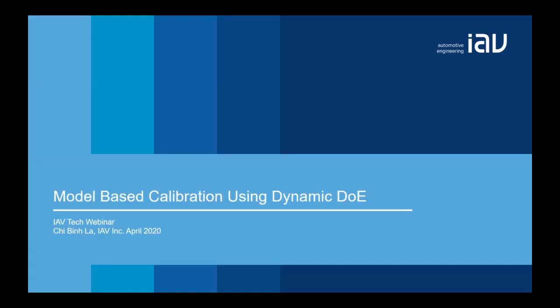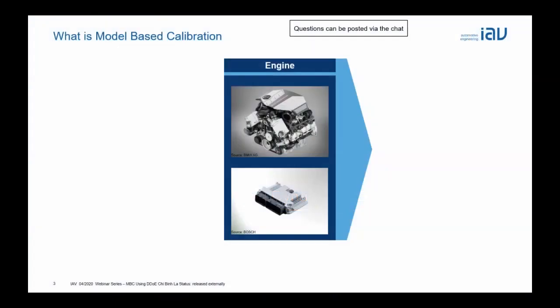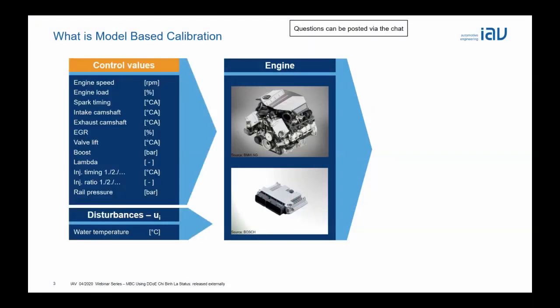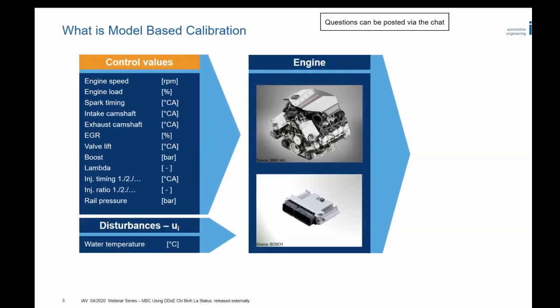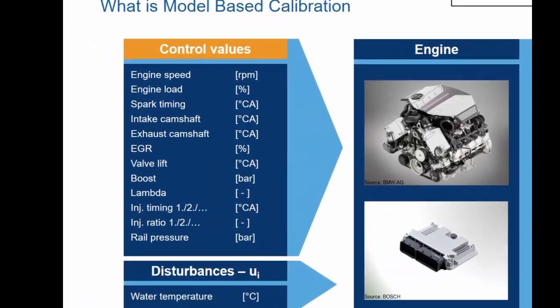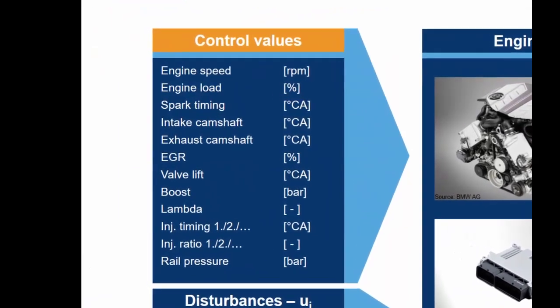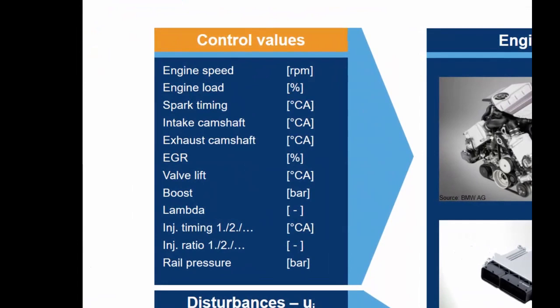Now that you know a little more about IAV overall, let's return to the discussion on model-based calibration using dynamic DoE. In order to meet demands for high efficiency and low emissions, modern engines are becoming increasingly complex. As such, there are a multitude of control values that need to be calibrated for the complete speed and load map, including variables that control the air charge to ones that manage the fueling.